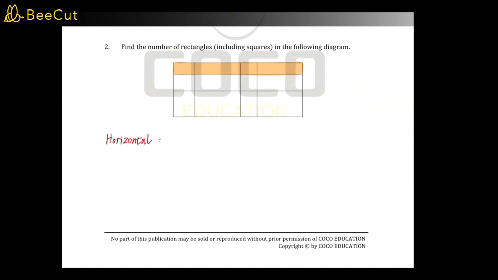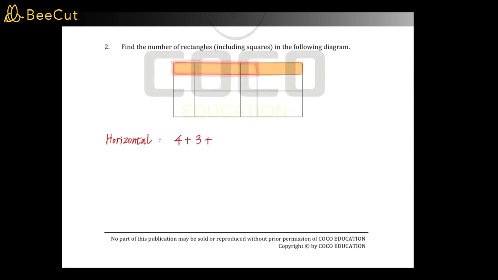Right, if you check the small rectangle, there's 1, 2, 3, 4 of them. Those rectangles consist of two regions. There's 1, 2, and 3. And those consist of three regions.